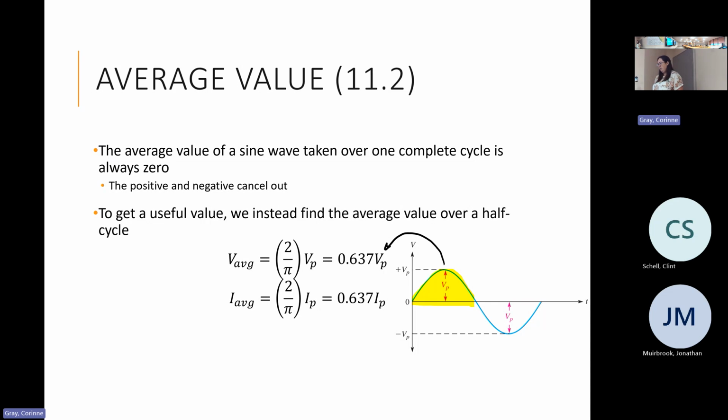I believe that is also proved in Appendix B. Again, happy to talk about it outside of class, but it's an area under a curve.